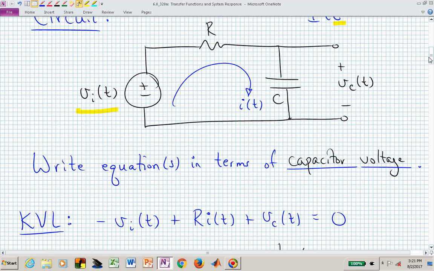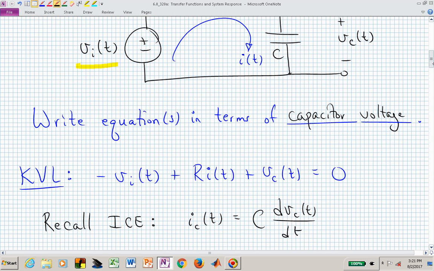But again, we can fall back on ICE, and that gives us, since the current through the resistor is the same as the current through the capacitor, we can now eliminate that resistor current by re-expressing it in terms of a variable associated with the capacitor voltage. In particular, because of ICE, C dV/dt is now what we will use to express the resistor's current.